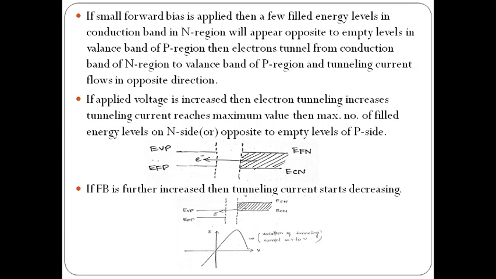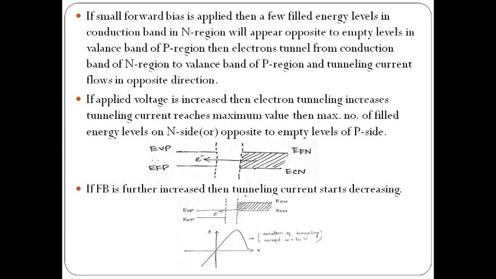If the applied forward bias voltage is increased, then electron tunneling increases. Tunneling current reaches a maximum value. Then the maximum number of filled energy levels on the N side are opposite to empty levels of the P side. So here we can observe in the diagram, when we increase the forward bias voltage, electron tunneling increases.